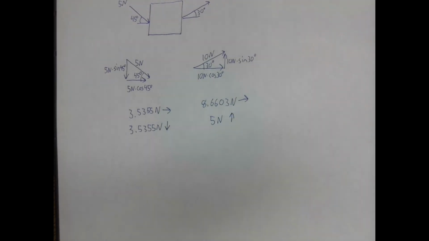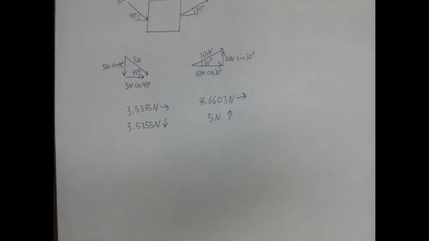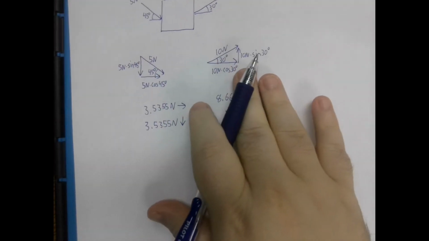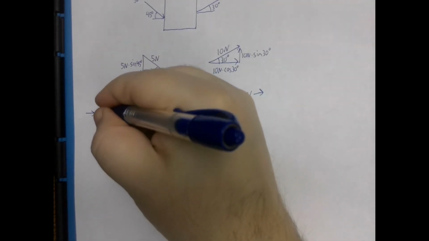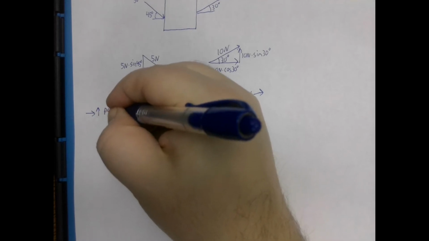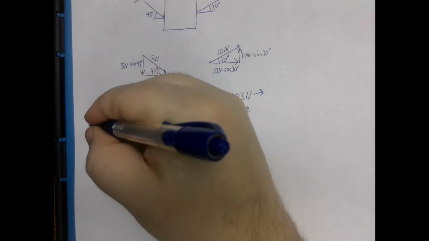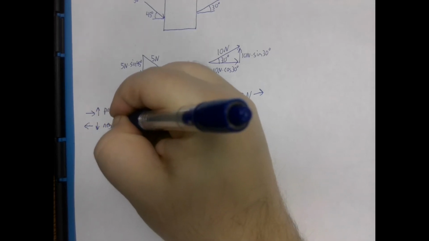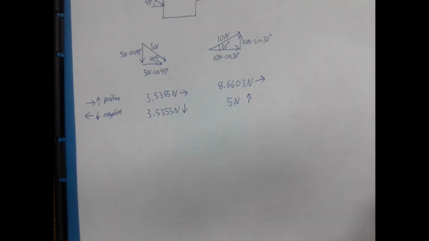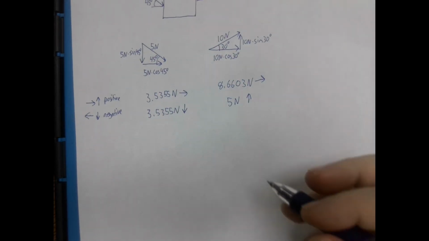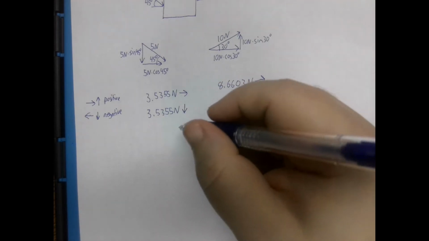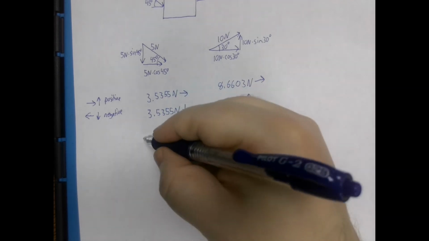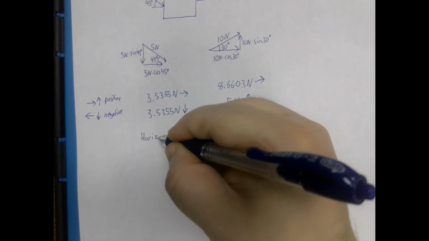And now we just have to add these vectors together. Again, I tend to put right and up as positive, and left and down as negative. So let's look at the horizontal direction first.